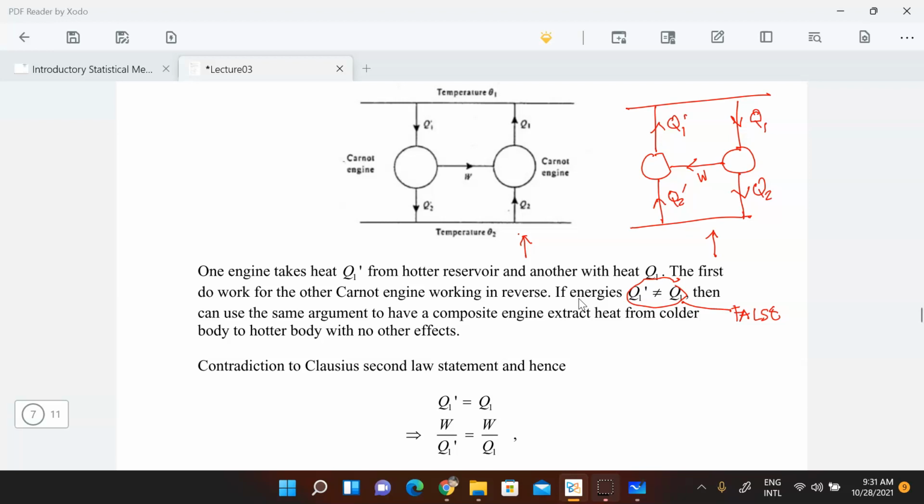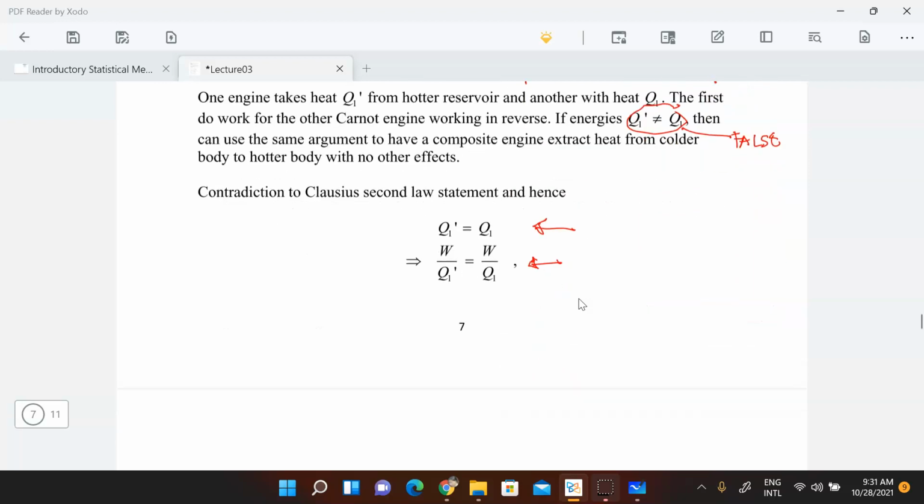So what's the true premise then? The true premise is that they must have the same efficiency. So all Carnot engines will have the same efficiency.